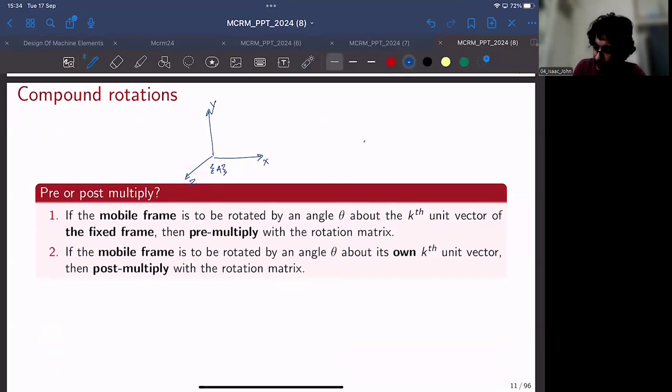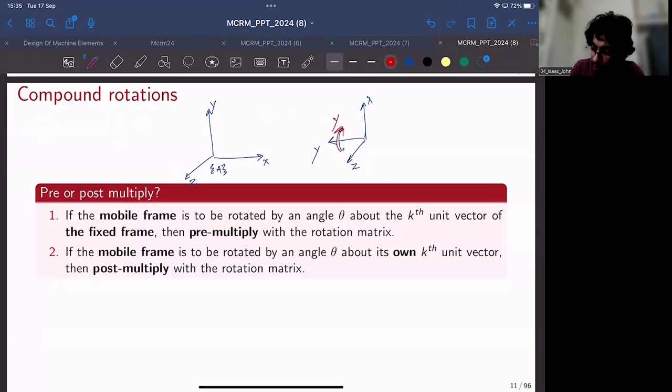If you do that, the z-axis would still be the same. The x-axis would now be vertically upward, and the y-axis would be like this, right? And now if you rotate with respect to this y-axis in this sense, how would it look?